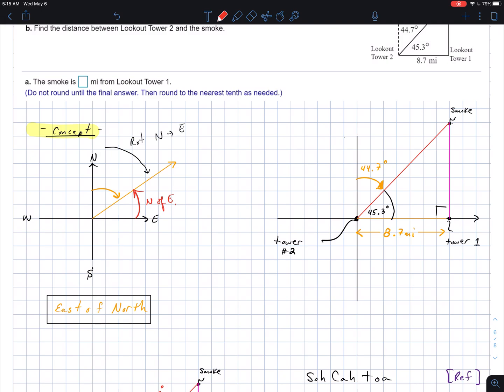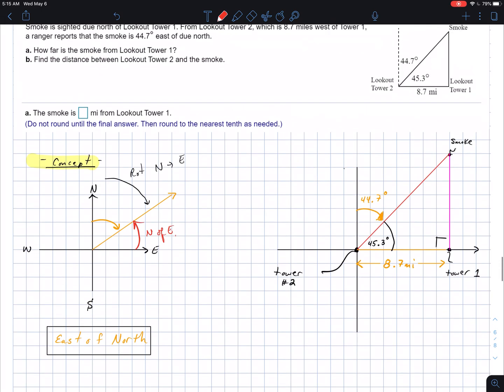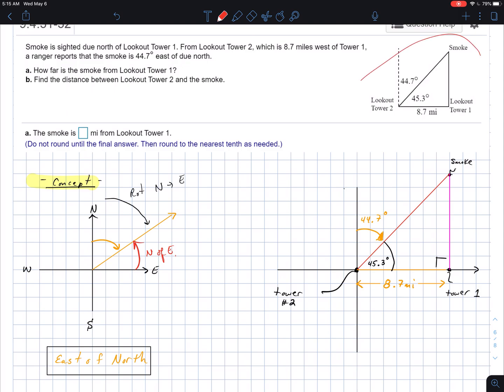What I did was I took that same concept and I drew out our original problem, okay? I color coordinated some things to help out. I hope it helps out a lot. Remember, I kind of labeled the sides as adjacent as orange, opposite as pink, and the hypotenuse as red. I've put in the angle east of due north, okay?